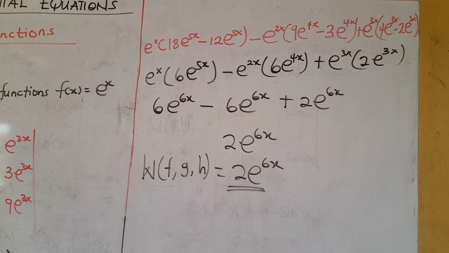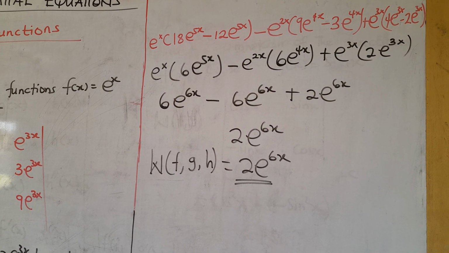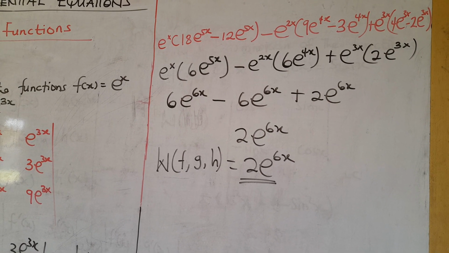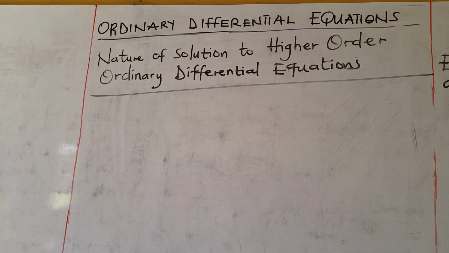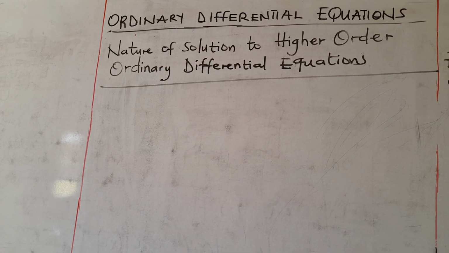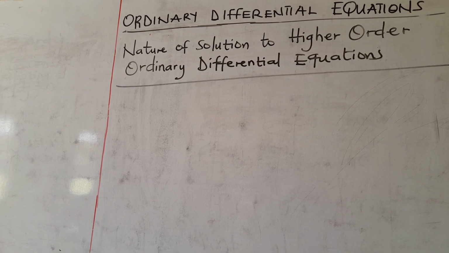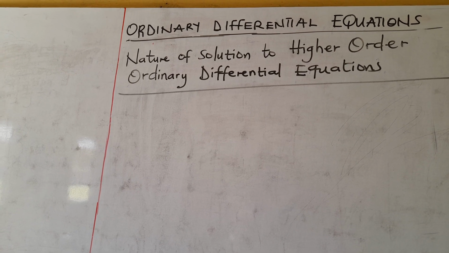So having known how to find the Wronskian, we are going to describe the nature of solution to ordinary differential equations, first order for that matter, using the Wronskian. So having known how to find the Wronskian of 2 functions and 3 functions, we are going to use that idea to describe the nature of solution to higher order ordinary differential equations.